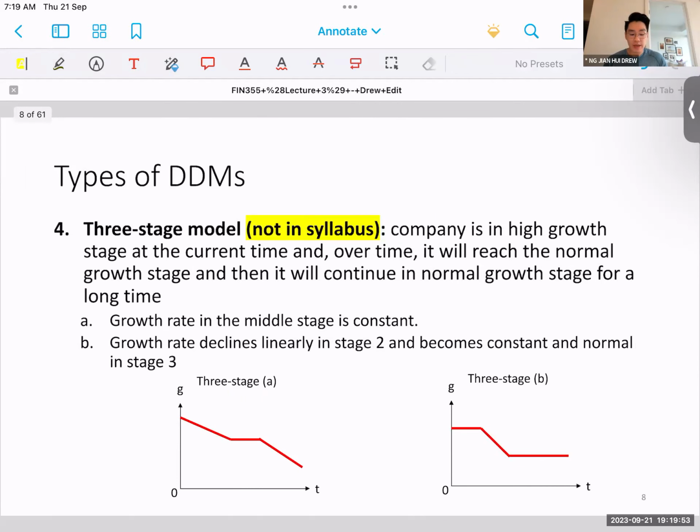Last but not least, we have the three-stage model. I would like to highlight that it's not in the syllabus in the form of calculating using the various formulas, but knowing that it exists is important.